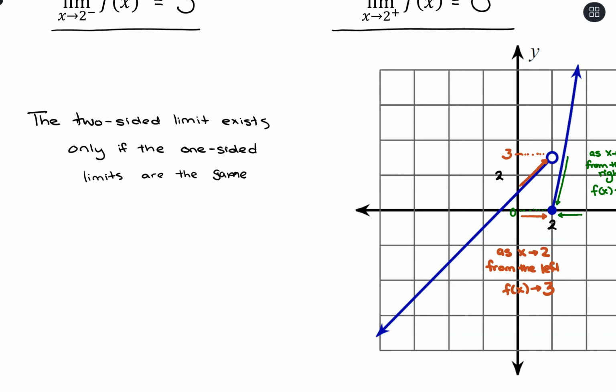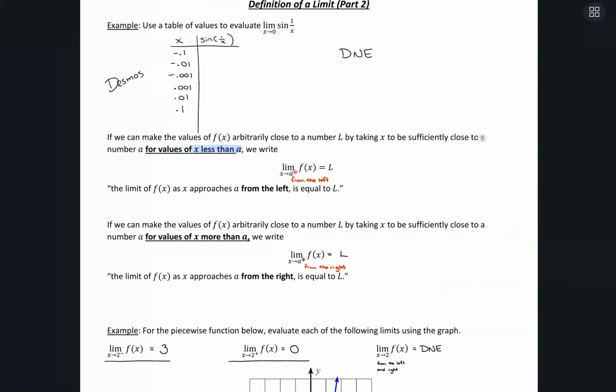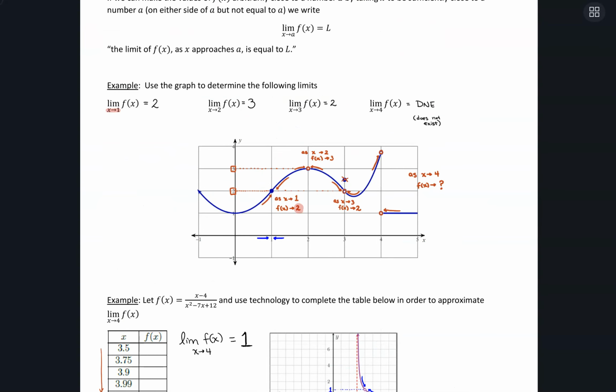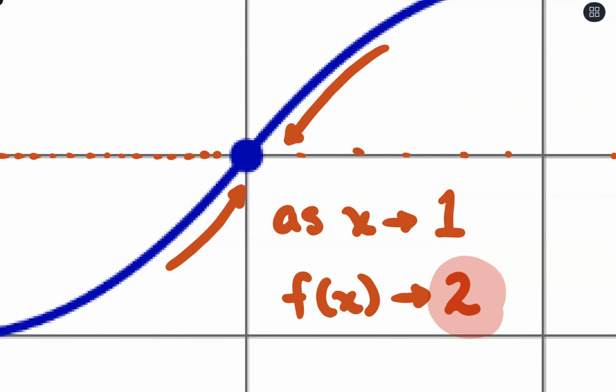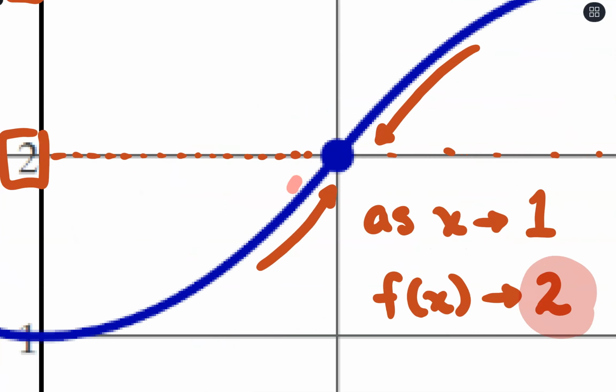So, for example, if we go back to the picture from the previous video, let's go to x equals 1. What I could have done is evaluate the left-sided limit, and the left-sided limit would have been that output of 2. I could have evaluated the right-sided limit. It would also be a value of 2.